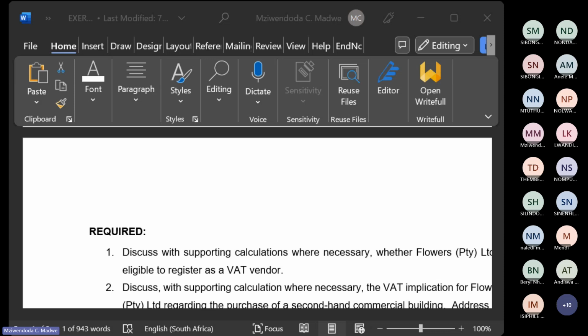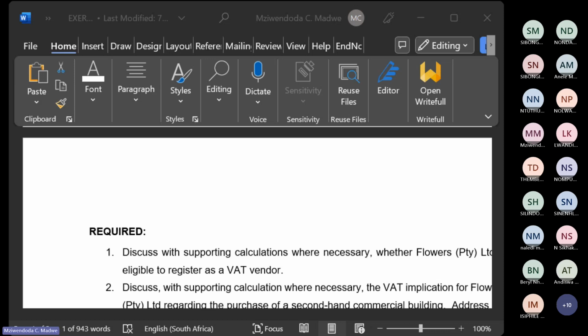For registration purposes, if I want to determine whether I qualify to register as a VAT vendor, you go straight to section 23 of your VAT Act. To summarize, just remember section 23 in your example 1. There are certain things that you have to take into consideration.